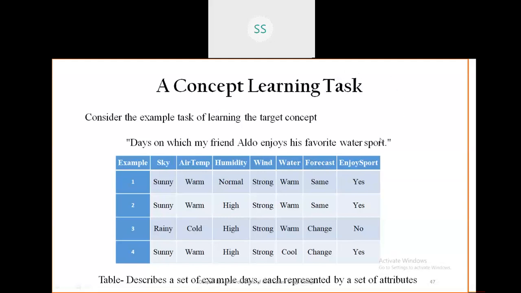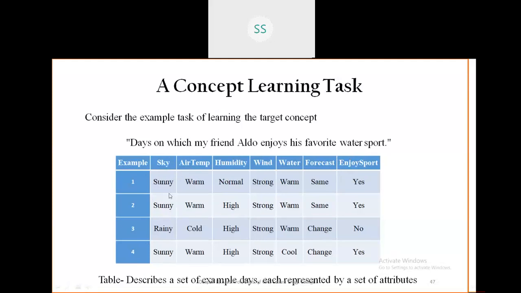Under what circumstances you are supposed to play the game is given as enjoy sports. There are four instances here, let us look at them in detail.